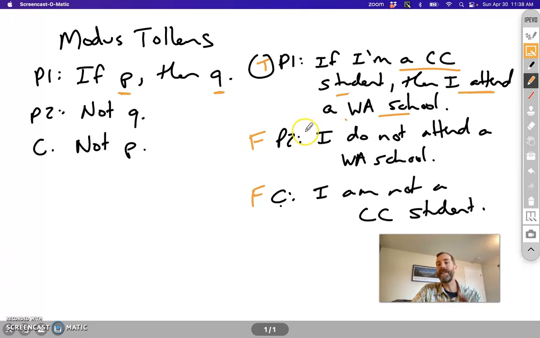But what we'll find is whenever we build out two premises with this form, such that they are both true, the conclusion will always follow as a true claim. It'll never be false. So this is a valid deductive argument form, just like modus ponens. It's also known as denying the consequent.